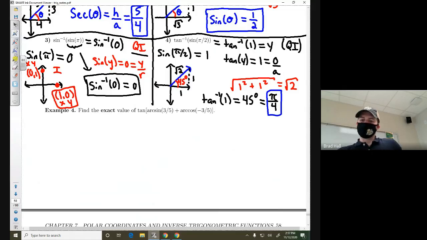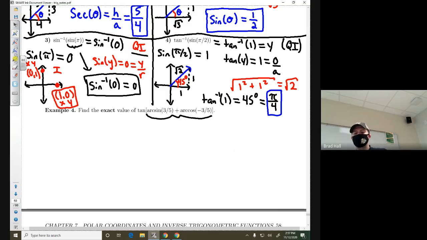This just looks kind of strange. Tan of arc sine of something plus arc cosine of something else. So that's actually a little bit interesting here. So really the question is, how do we even start this? There's no real way to bring this together.